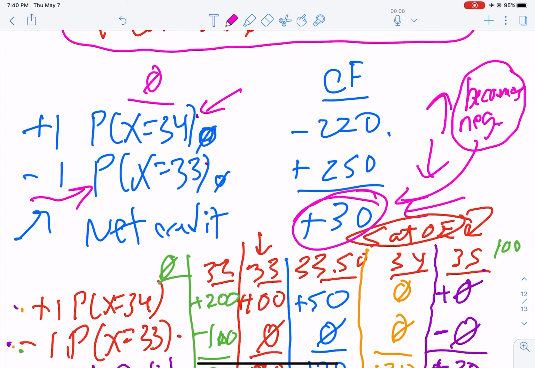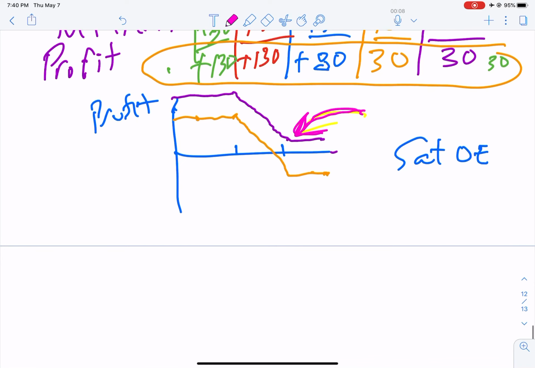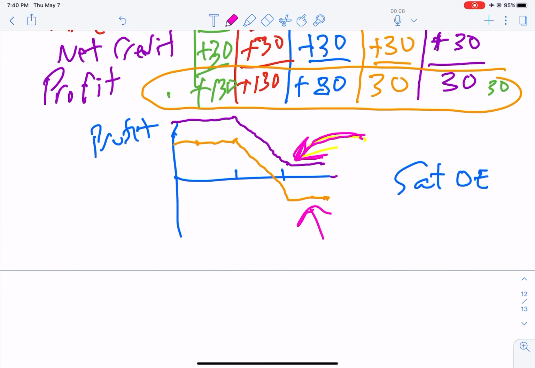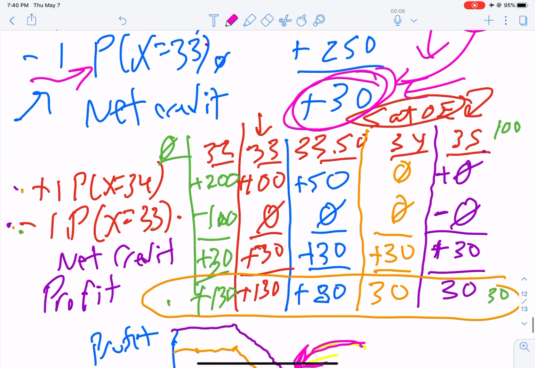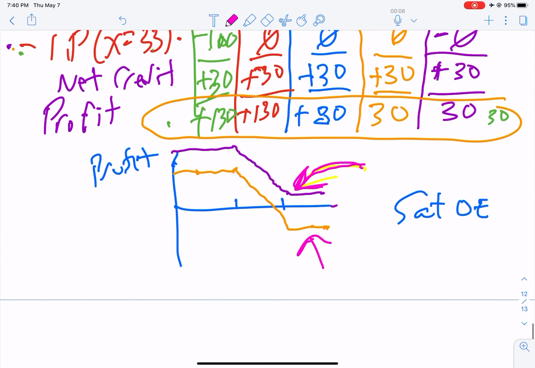And once this number becomes negative, we're back to the normal position for the put bear spread. There are many equilibrium price combinations for the 33 and 34 strike put that would allow an equilibrium to develop.